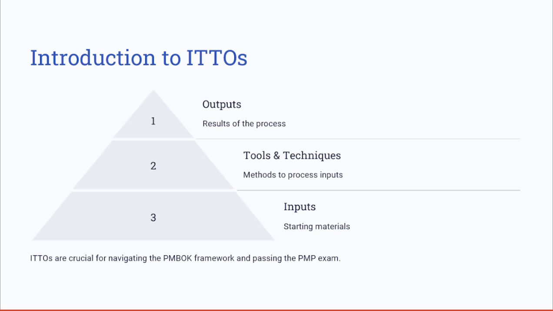To recall, the inputs are what you start with, the tools and techniques help process these inputs, and the outputs are the results. Understanding the ITTOs helps you navigate the PMBOK framework, and it's crucial for passing the PMP exam.